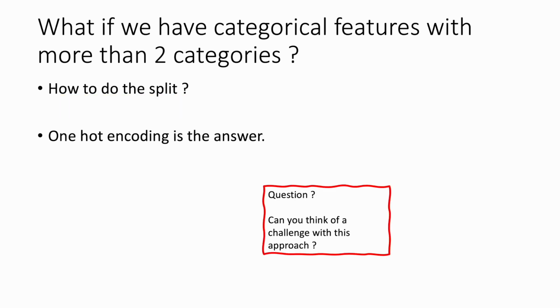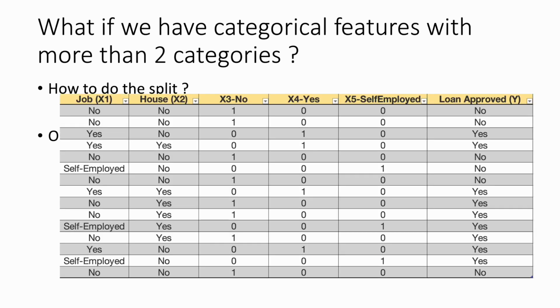let's see. Question: can you think of a challenge with this approach? This approach looks very nice, but is there a challenge? There is one challenge over here. Did you notice that the number of features which we are adding is equal to the number of categories we have? Suppose we have a feature where we have 100 categories. It is possible that there could be 100 categories, right?